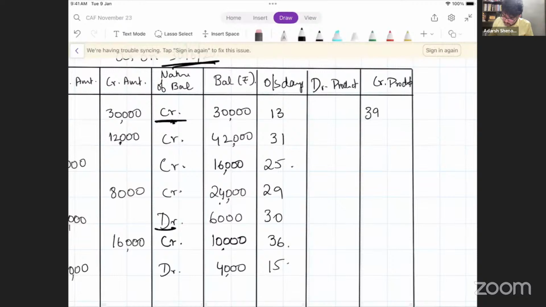So 3,90,000 on the credit product side. 42,000 into 31, again credit product, 13,02,000. Next, 16,000 into 25, 4 lakhs credit product.